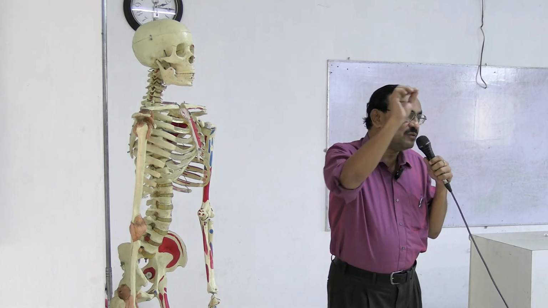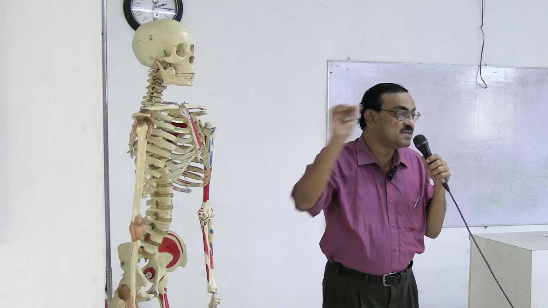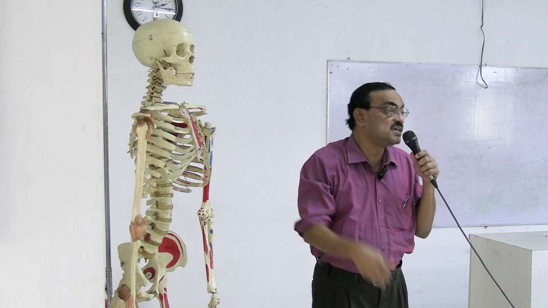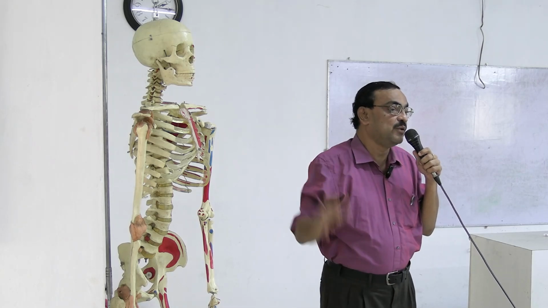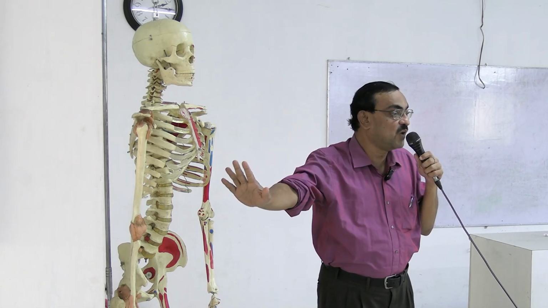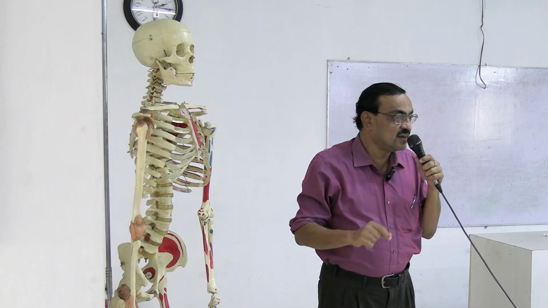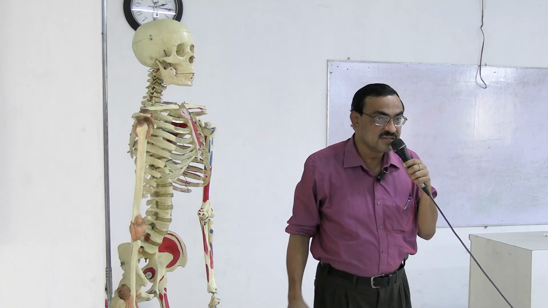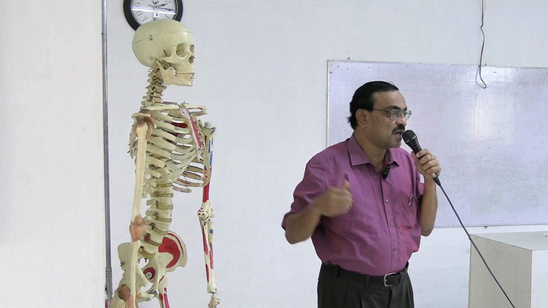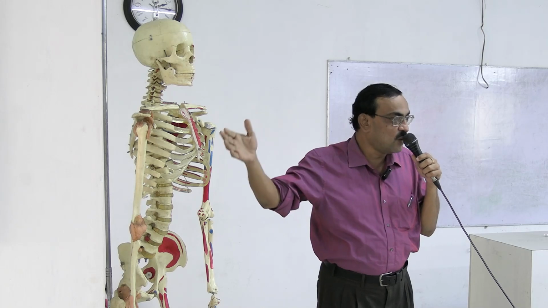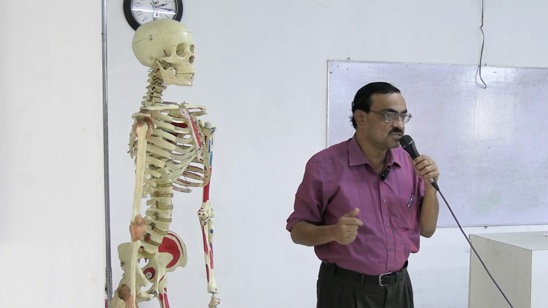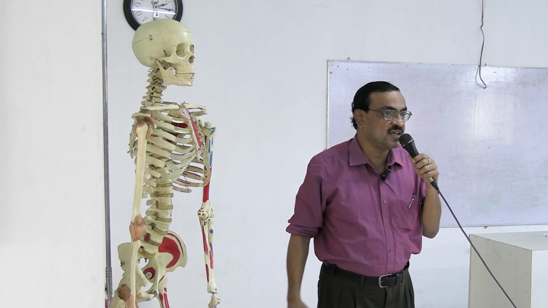So I will show you the different nerves and blood vessels which are traversing the axilla, and I will show you the different walls in the dissection, the different muscles like subscapularis, teres major, which one is latissimus dorsi, which one is serratus anterior.